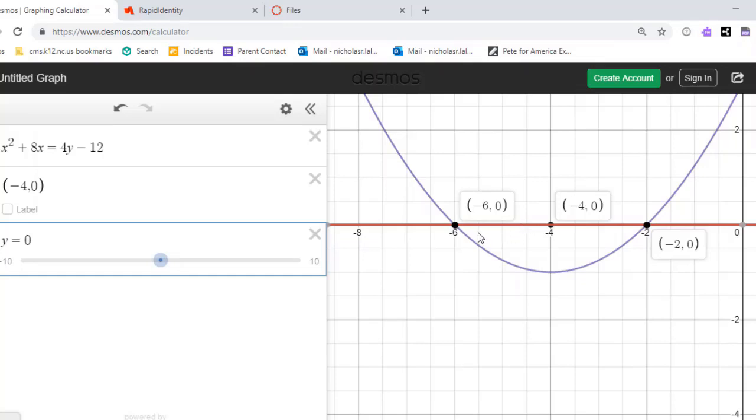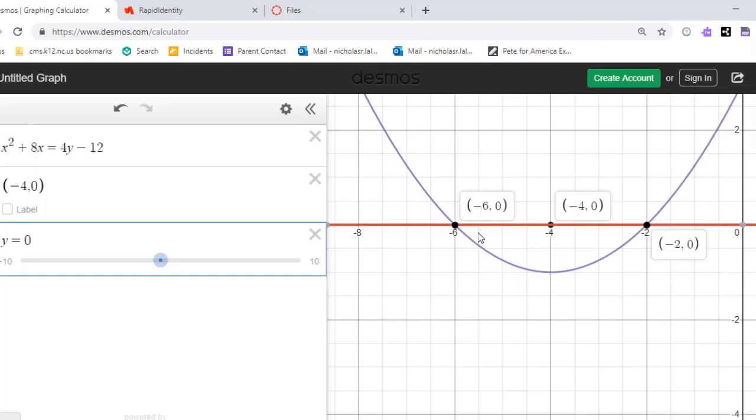So this is a way you can do it. Once again, if you want to try this method using your calculator, you would plot the parabola and then plot your focus.